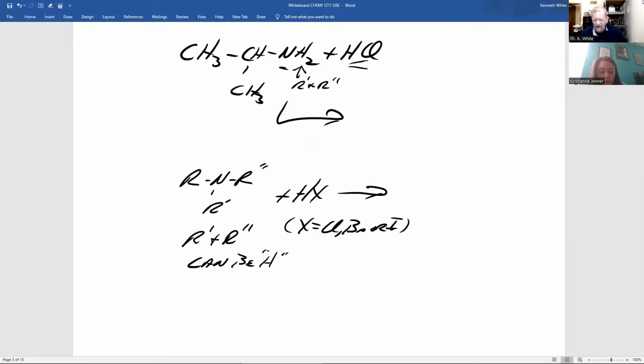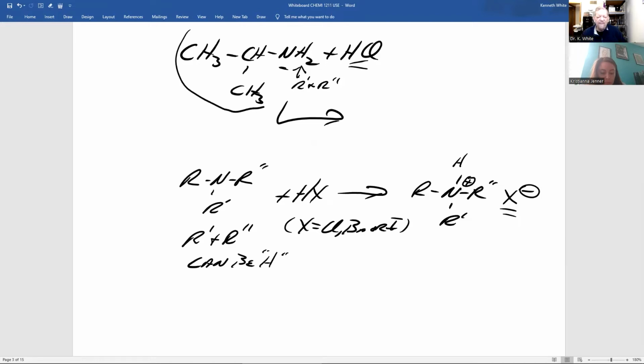And what you get, acid-base reaction, proton transfer to form this amine salt. You don't have to put down the charges, but I do. And it has an anion because all molecules have a net zero charge.